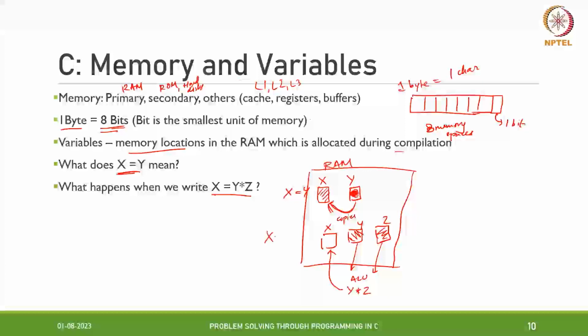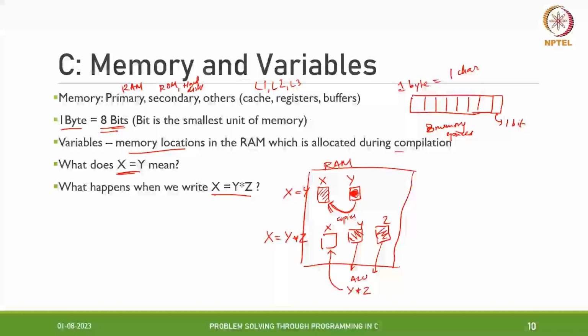Now what happens when I write x equals y into z? These three variables have been allotted memory locations in the RAM. The program accesses the memory location y and takes the value from there, then accesses the memory location z and takes the value from there.